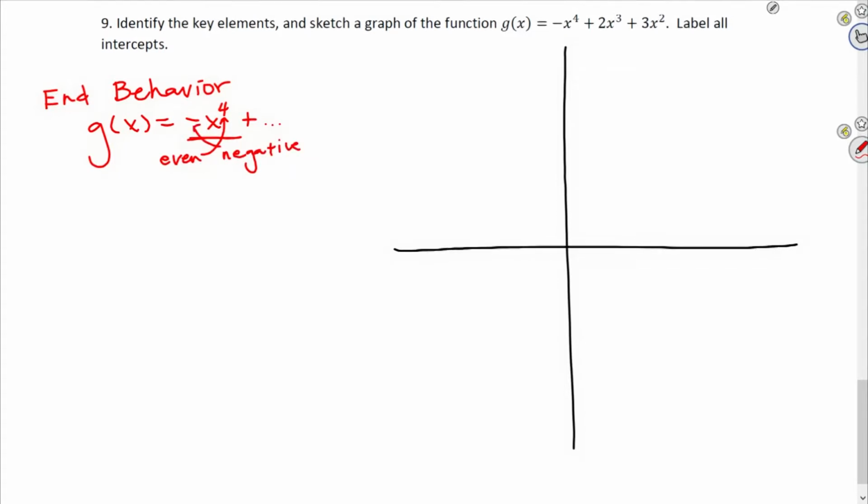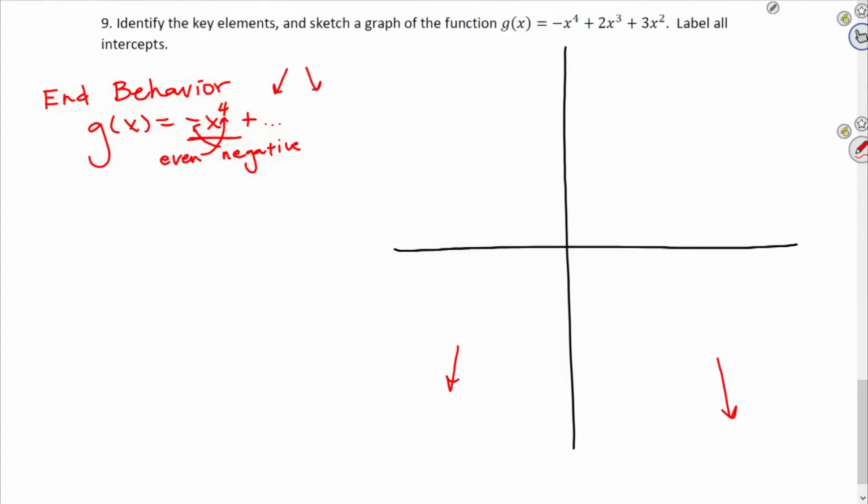As I taught before, if it's even, then it's either up, up, or down, down. It's the exact same as squaring negatives and positives give you the same thing. The sign in the front will tell you how it ends. It's going to end negative, and so it must start negative. This is down, down. That's the end behavior.